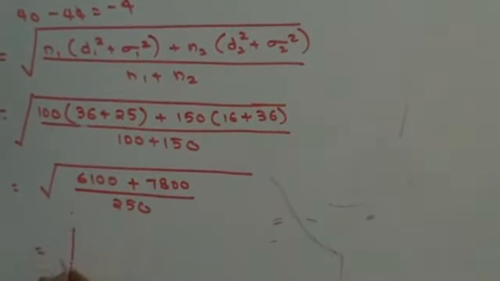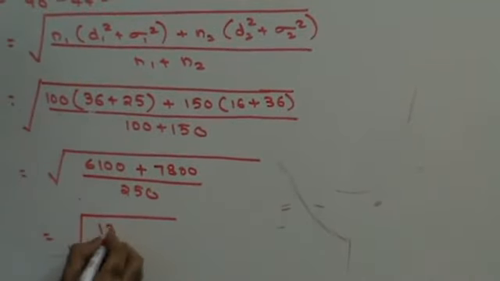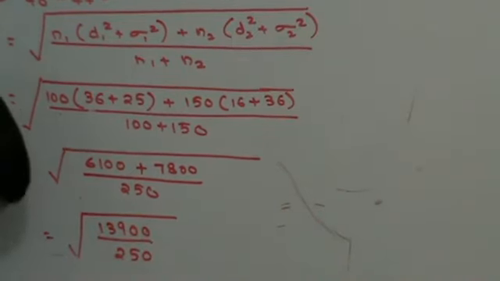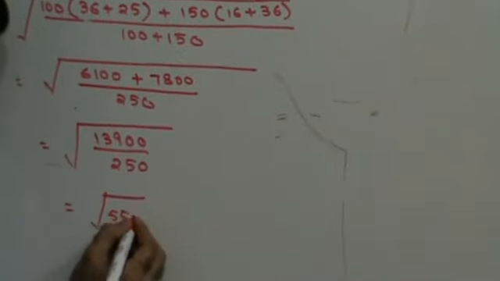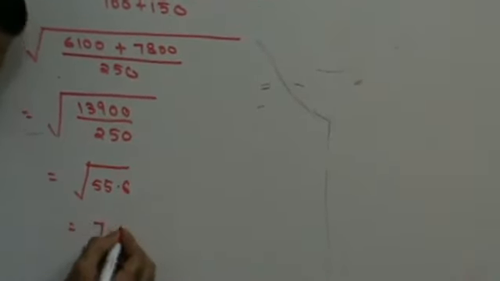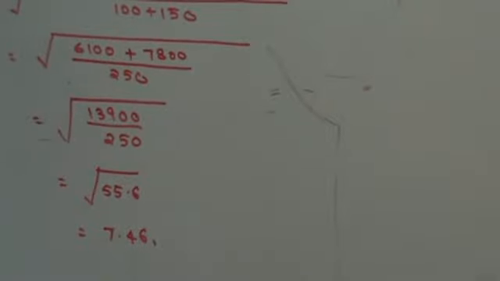This is going to be square root of 13900 divided by 250. This is going to be equal to square root of 55.6. So your combined standard deviation is going to be 7.46. That's a method to find out combined standard deviation.